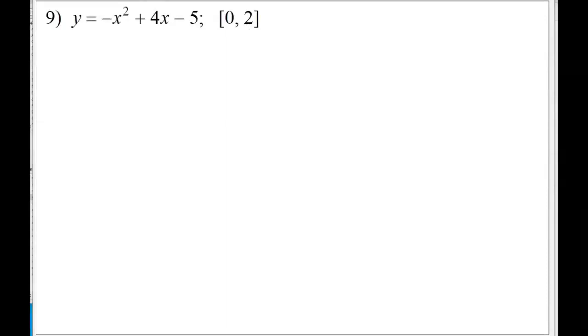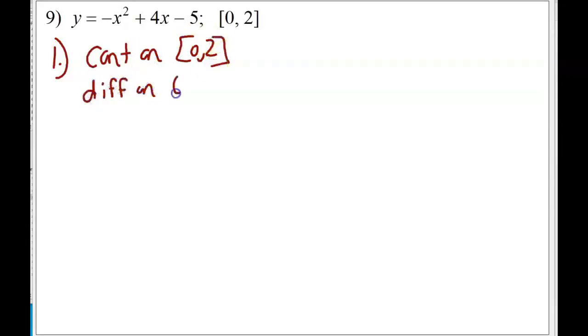So when you're trying to do the mean value theorem, the first thing that we talked about is you want to make sure that it's continuous on the closed interval and differentiable on the open interval, because you're only allowed to do the MVT if those things apply. But on this quiz, you don't need to do that.